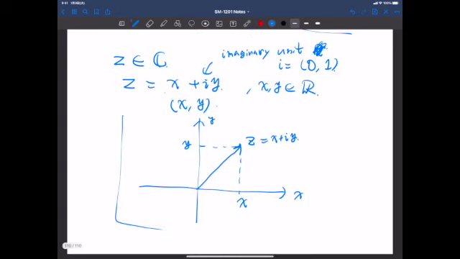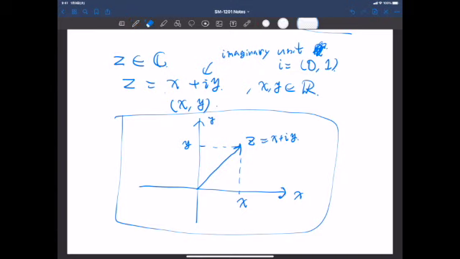And this plane, where the x-axis represents the real part and the y-axis represents the imaginary part, is called the complex plane. Or it has another name, called the Argand diagram.